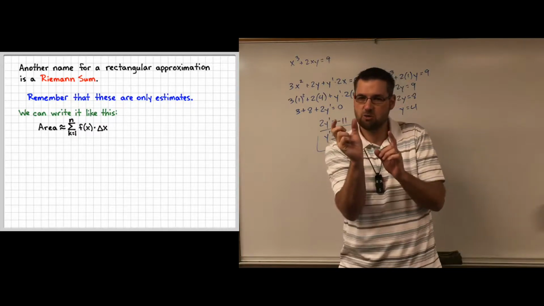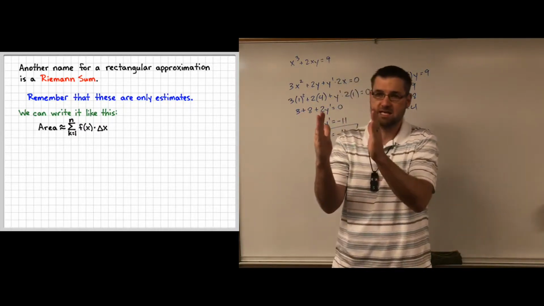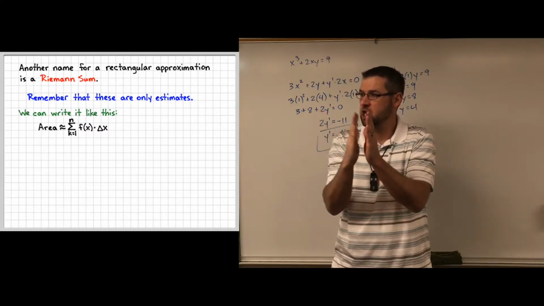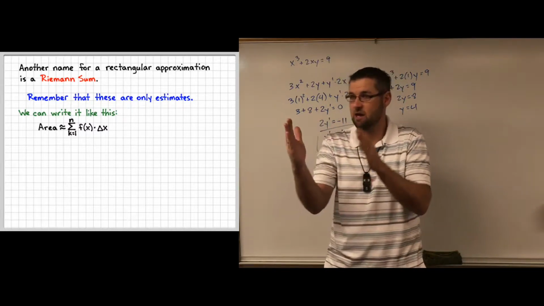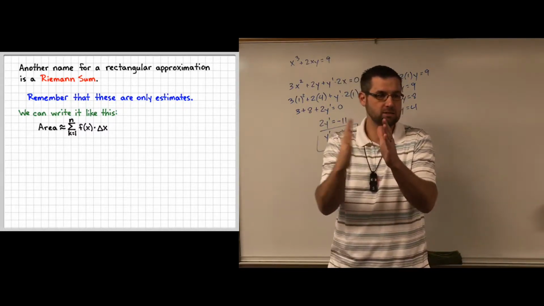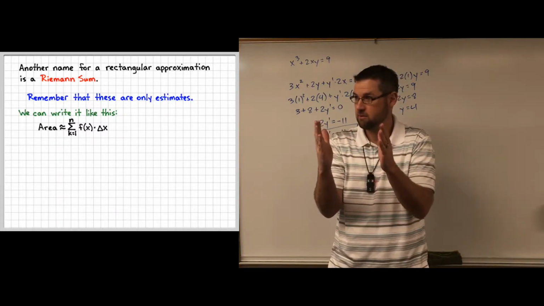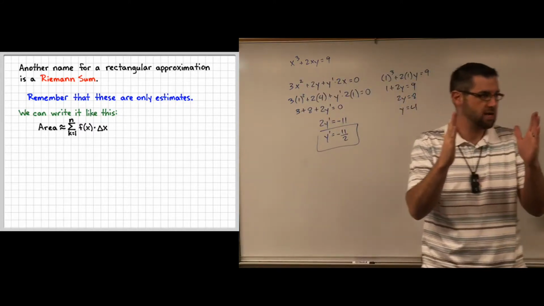Not the x value, but the distance from one x value to the next x value, right? What do we call that? We call that the change in x, right? Think about slope. What's the distance from this x value to this x value? It's delta x. Remember that? Yeah? Maybe? Okay? That's what the delta x is there. That's the width of the rectangle.